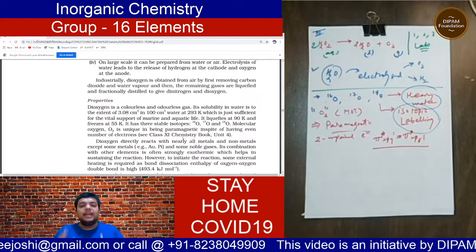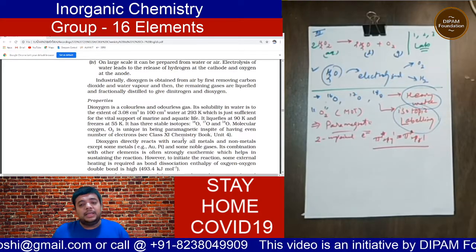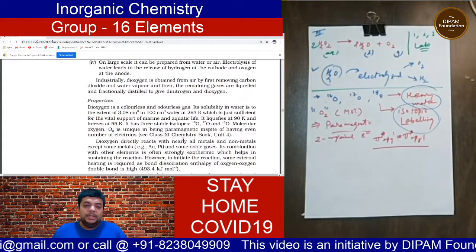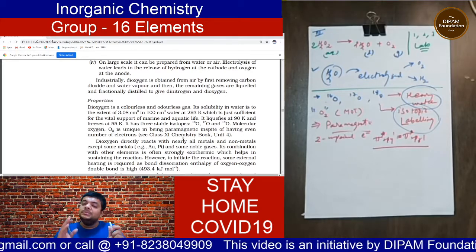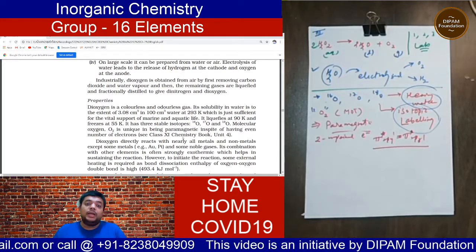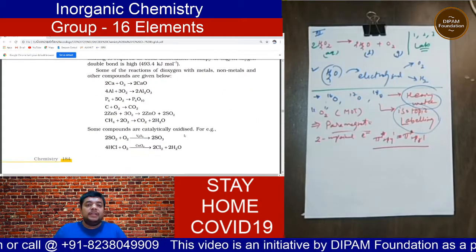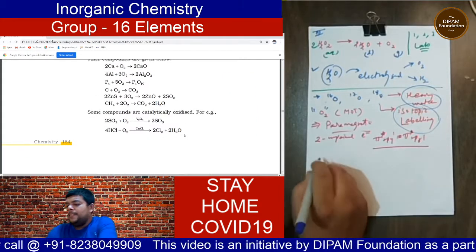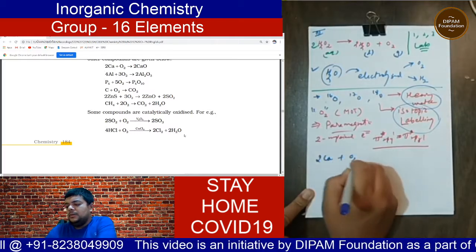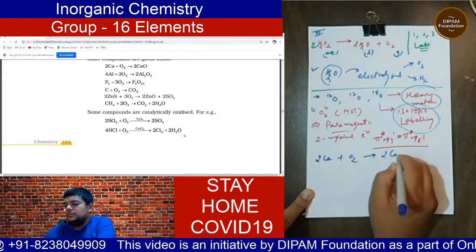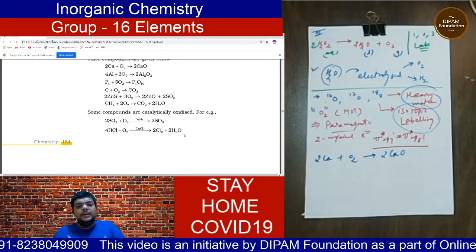Dioxygen reacts directly with nearly all metals and some non-metals also. It combines with other elements and often gives a strong exothermic reaction. Here we are going to see such reactions. If you see over here, when it combines with dioxygen, it forms calcium oxide.